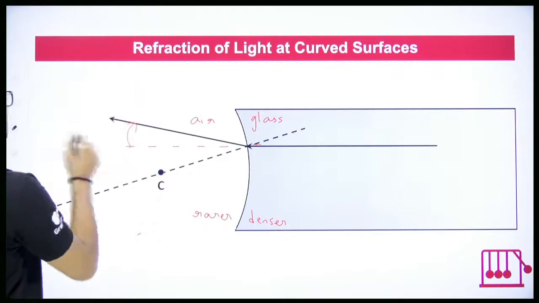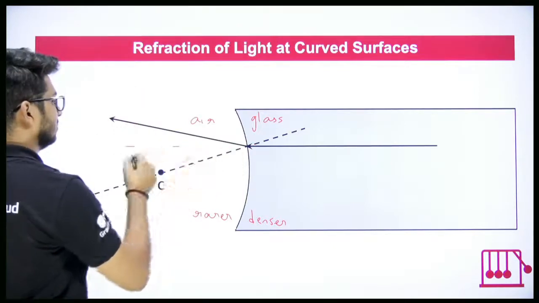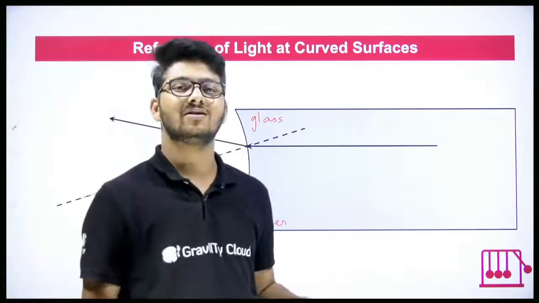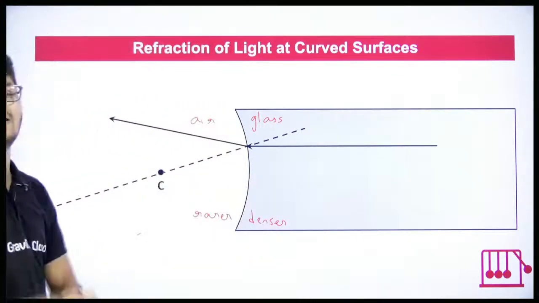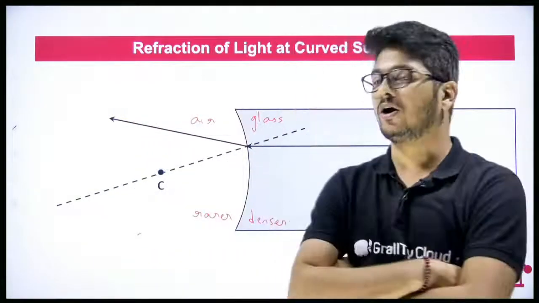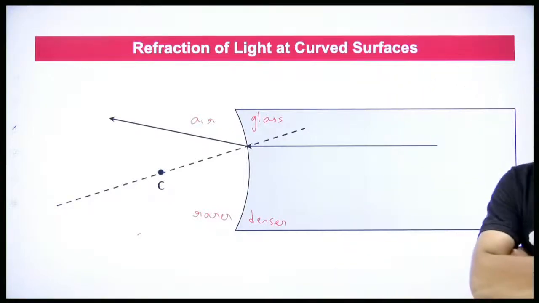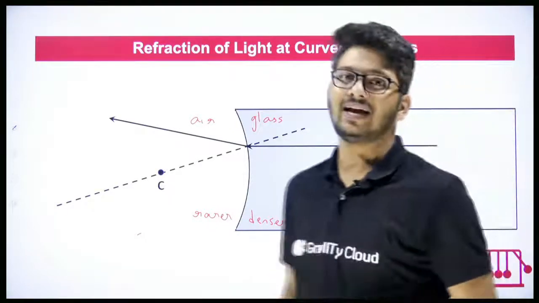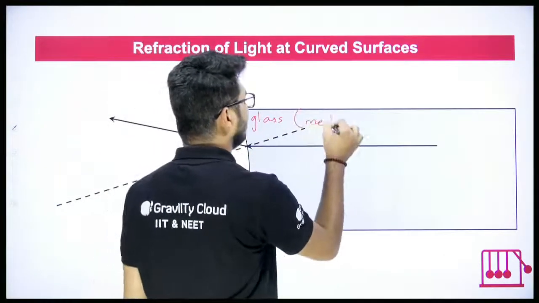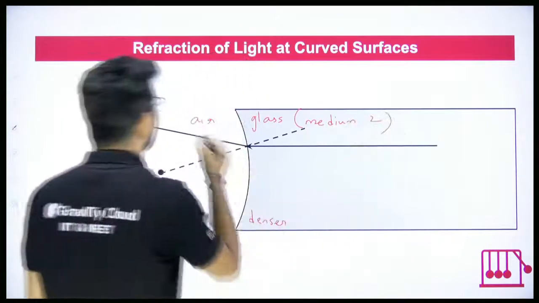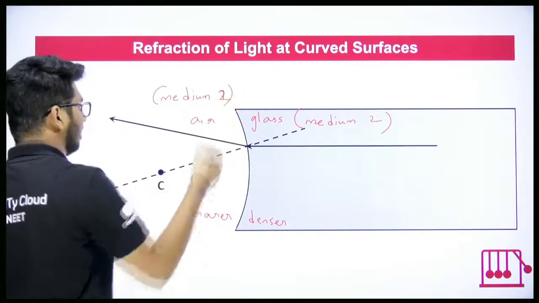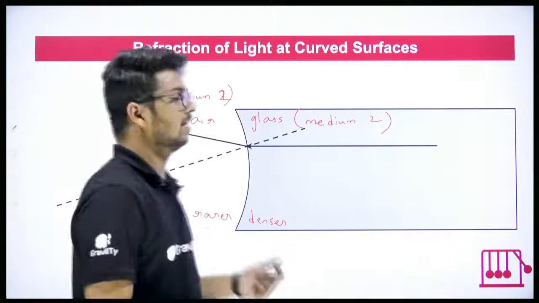Is that clear? See, if I stick to the basics, any case I will be able to solve it. And what is medium 1 here? Air or glass? Which is medium 1? The incident ray is in glass, so glass will be medium 1 and obviously air will be medium 2, because for us it is going to be very important to identify medium 1 and medium 2.